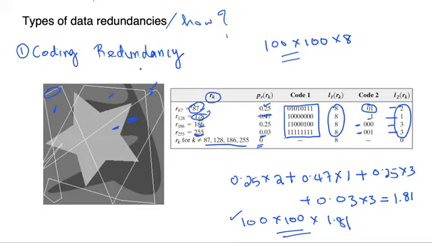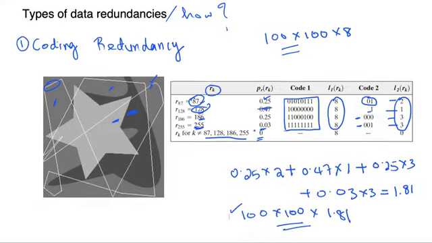That is how we can make use of the coding redundancy in order to compress an image, where we shorten the number of bits used to store an intensity value in the image so that we can make the image compression more efficient. Well, this is one way of doing image compression.